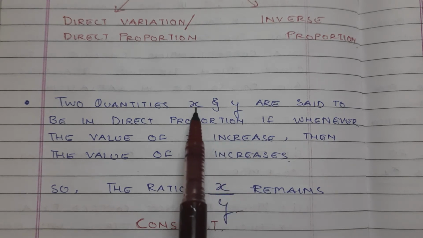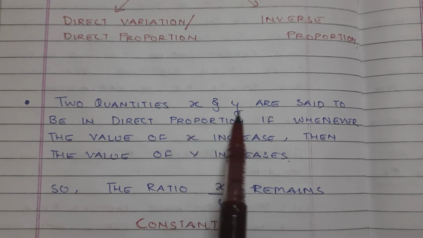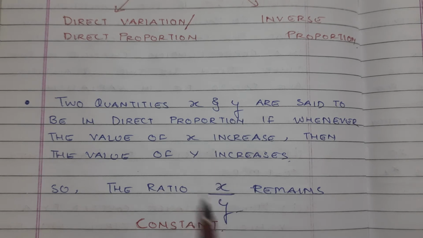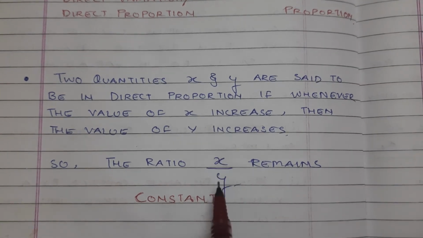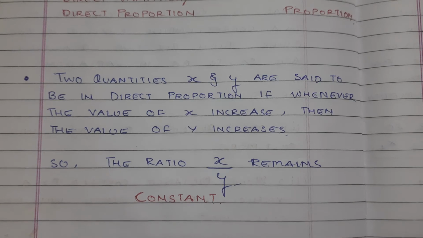Or if x is decreasing, y will also decrease. In such a case, the ratio of x and y will always remain constant. So this is called the direct variation.